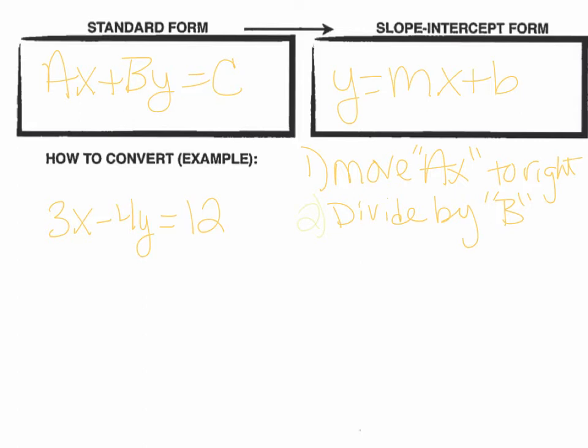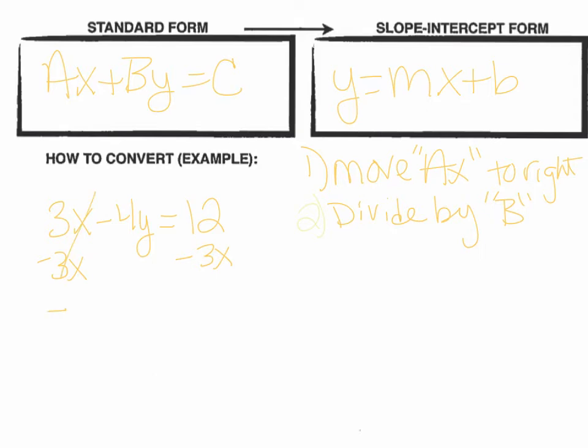First step, like I said, to move ax. In this case, it is 3x, and if this is a positive 3, we need to subtract 3x from both sides. Remember, you're subtracting from both sides of your equal sign. So take away 3x on the left and the right-hand side of your equal sign.